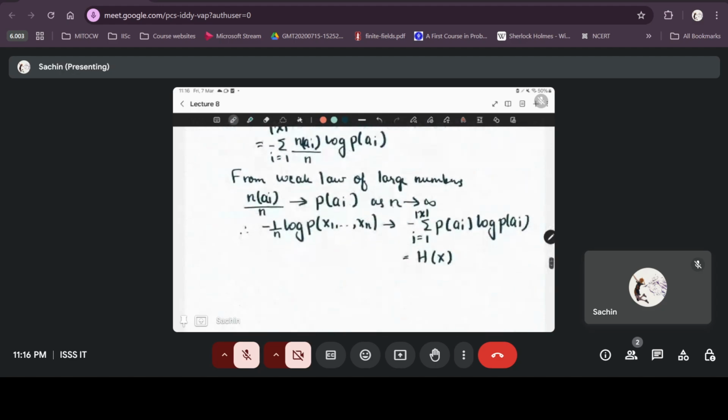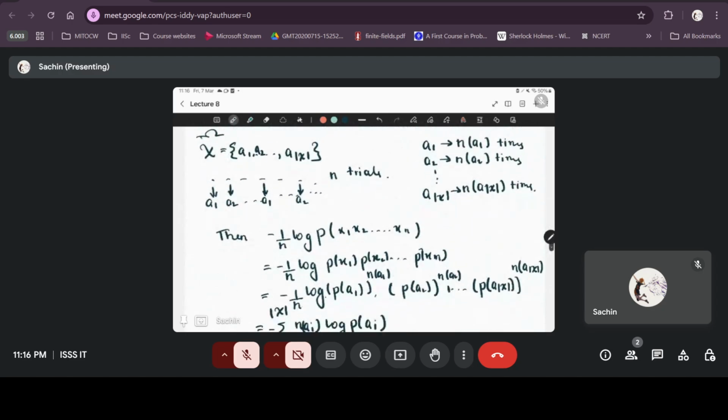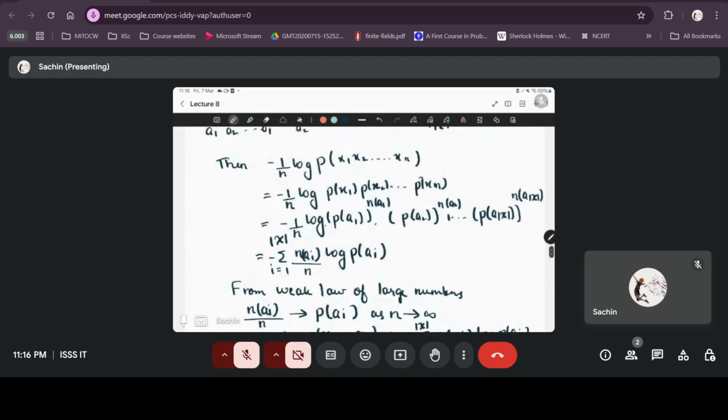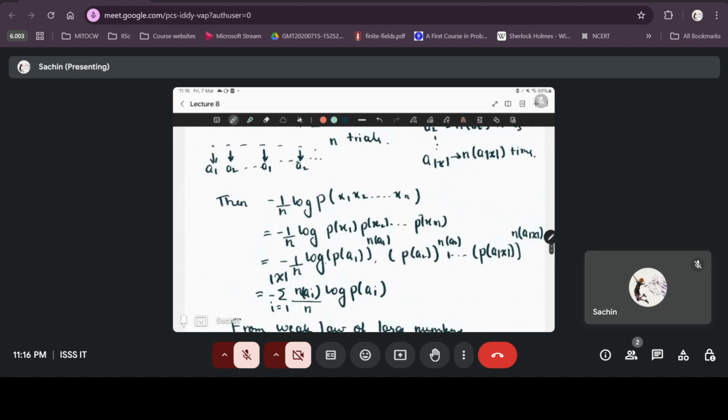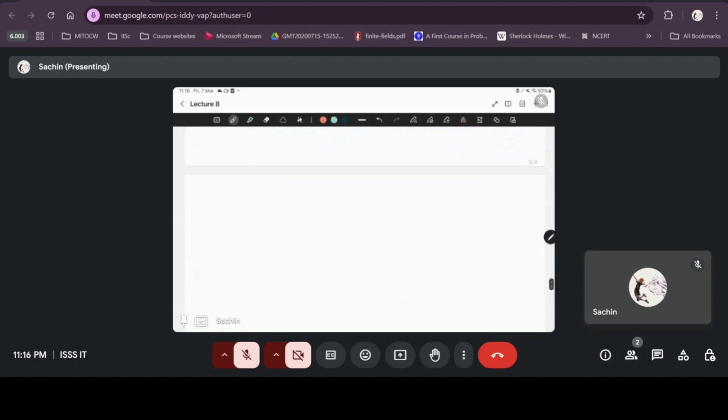So here we saw that from the weak law of large numbers, the fraction of times an outcome occurs is close to the probability of that particular outcome. So in say 1,000 outcomes, if the probability of heads is one fourth, then you would probably get around 250 heads and 750 tails. But that is an intuitive concept.